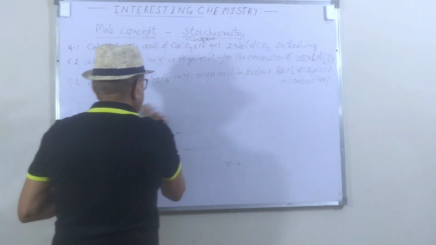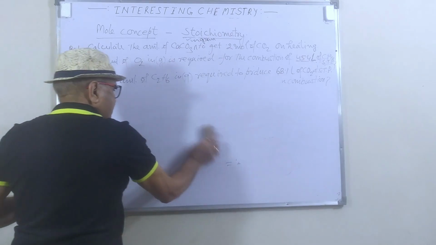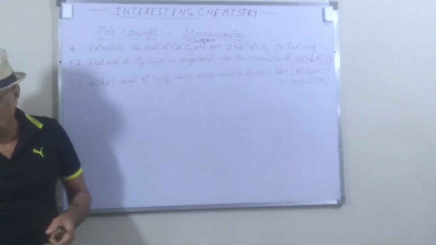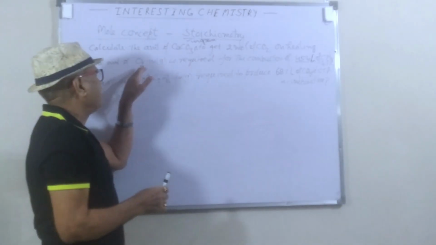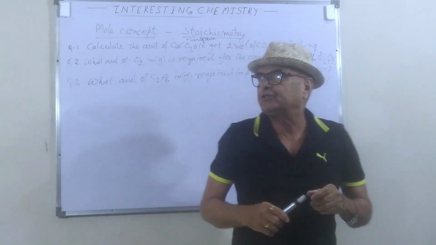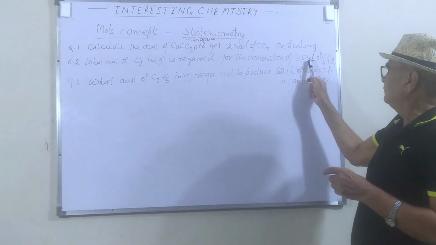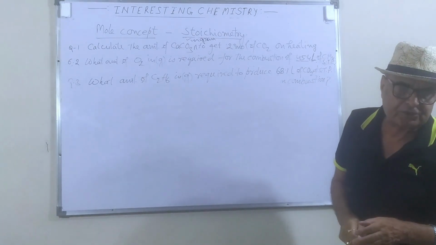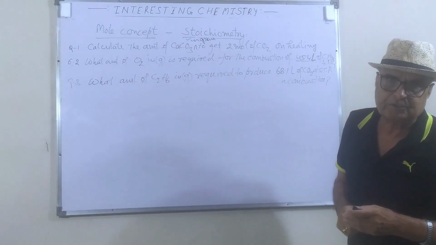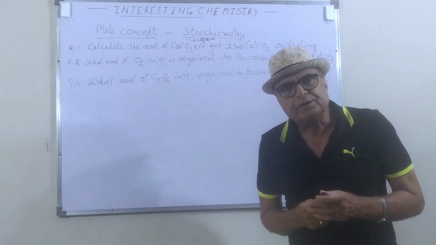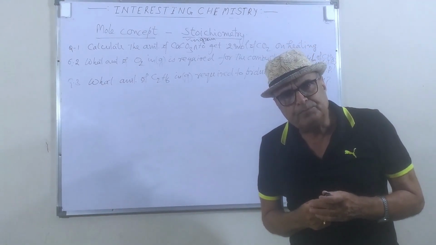So again, I am coming to the second question: what amount of O2 in gram is required for the combustion of 45.4 liter of CH4 at STP? This question is about the combustion of methane.